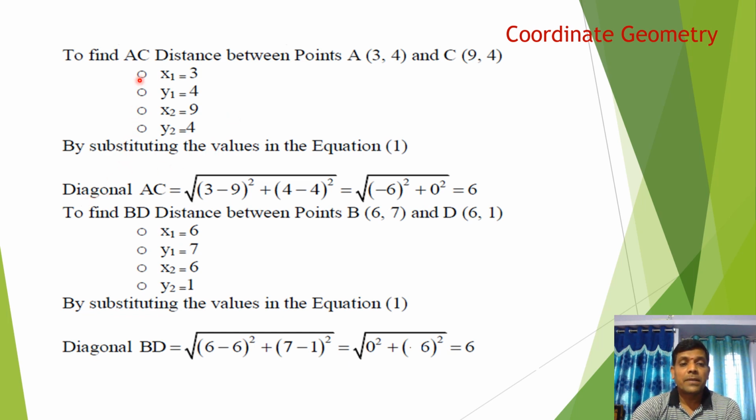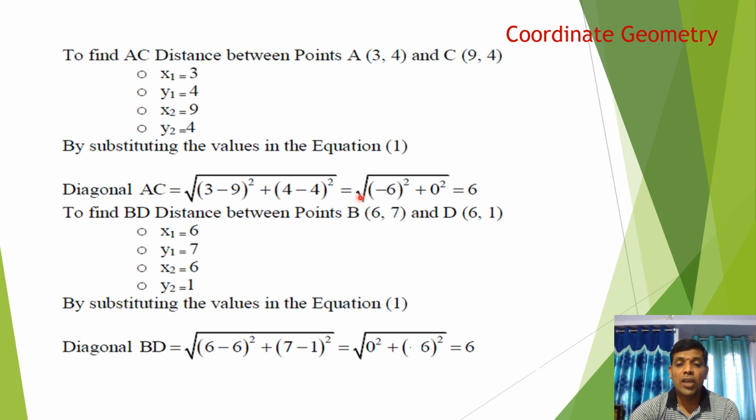So here AC represents a diagonal. Diagonal AC is equal to the square root of (x1 minus x2), which means 3 minus 9. (x1 minus x2) whole squared is (3 minus 9) whole squared plus (y1 minus y2), which means (4 minus 4) whole squared. Now next step, the square root of (3 minus 9) whole squared is written as 3 minus 9, we get minus 6, whole squared plus 4 minus 4 means 0, 0 squared.